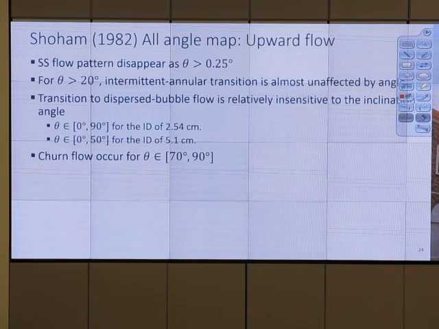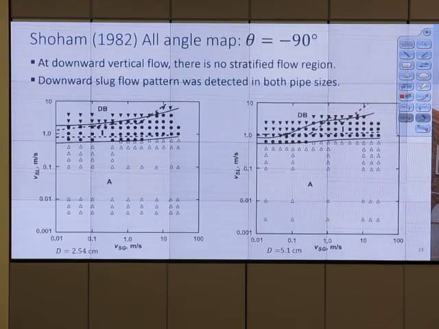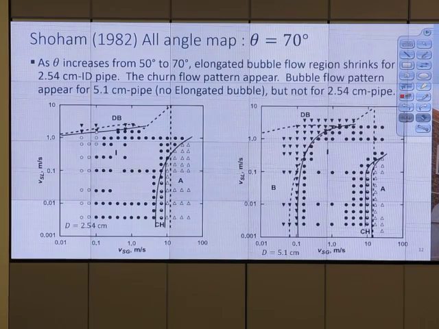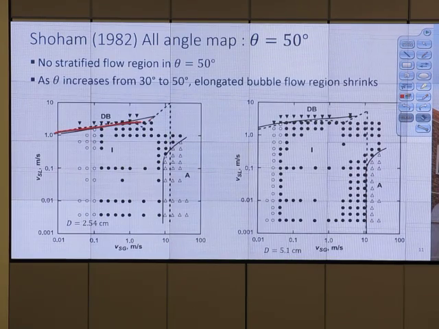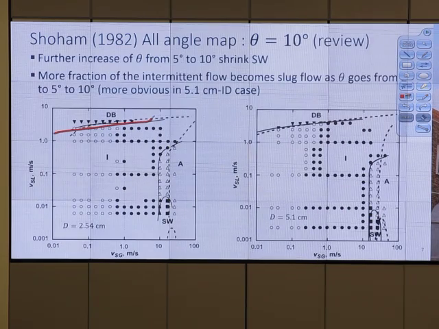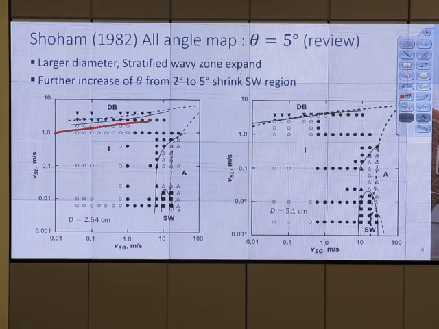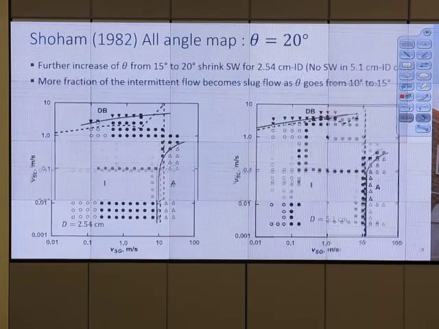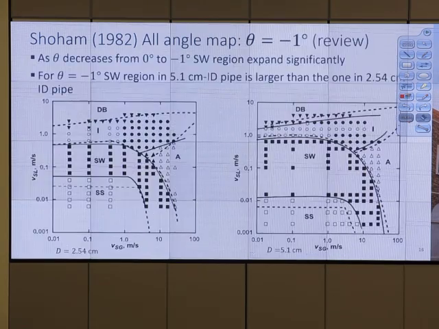We have seen that, right? And you have seen that this flow pattern is insensitive to the inclination angle. You remember transitions F and G? It looks the same at 50, 70, 80, 90. So this is 10, this is 5. The transition to this bubble flow is not really sensitive to angle.